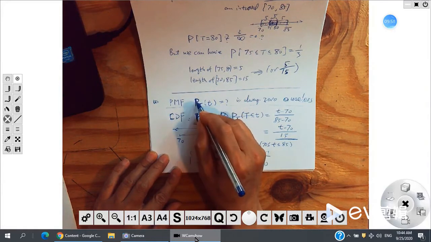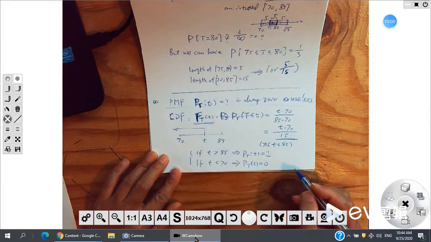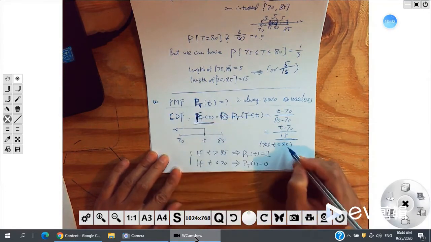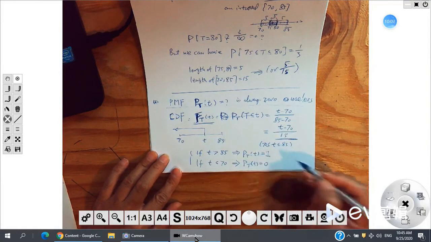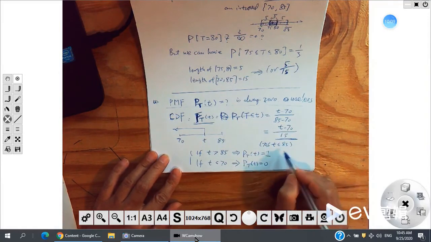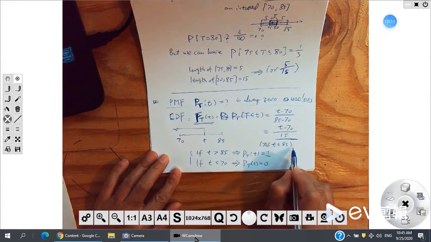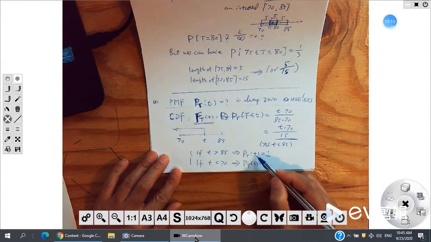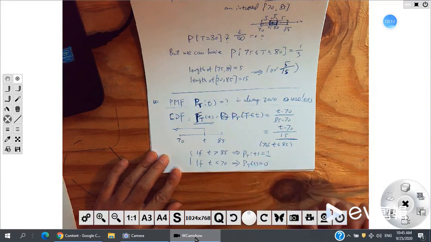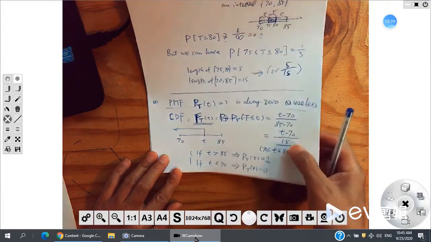This is a PMF, this is a CDF, capital F. So we know this formula for t between these two values. And when t is outside this interval, it is either 1 or 0, depending on whether t is large or small. Now we can draw a graph to see how it looks.